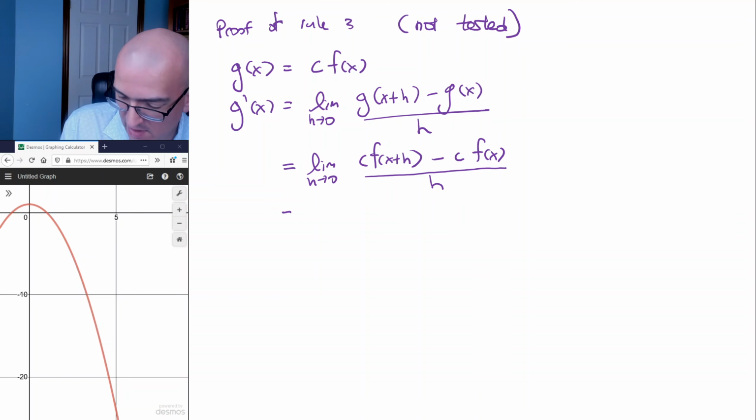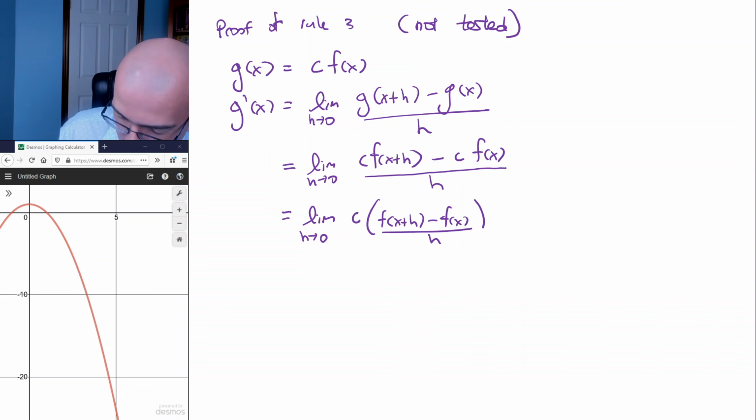Okay, the next step, I'm going to common factor a constant out of the top. I'm going to common factor c out. So c times f of x plus h minus f of x all over h. Then I'm going to factor the c out in front of the limit using a limit property.